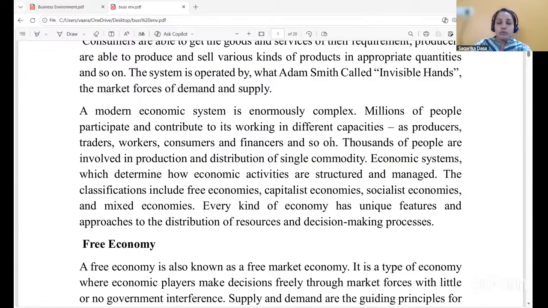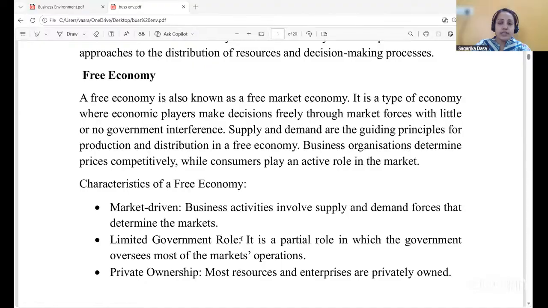The modern economic system is very complex and difficult to understand because a huge number of people are involved and contributing towards its working. The classification of economic systems includes free economies, capitalist economies, socialist economies, and mixed economies. Now let us try to understand them individually, one after the other.